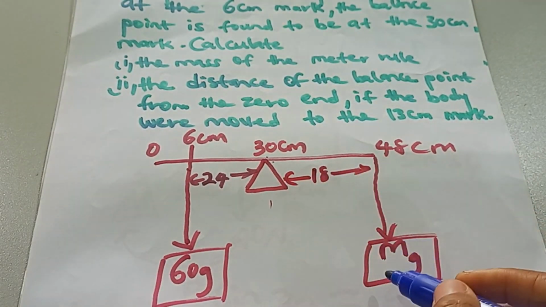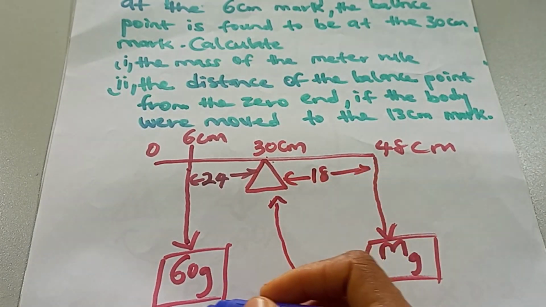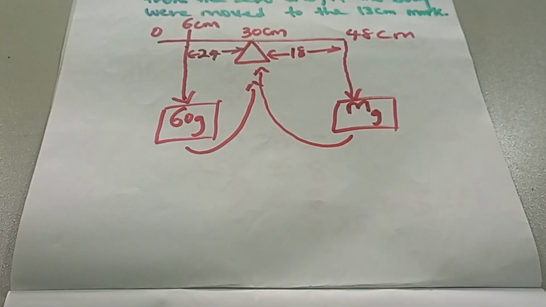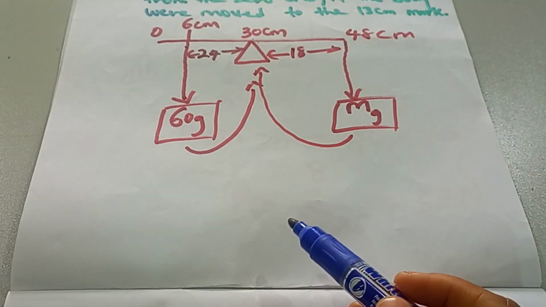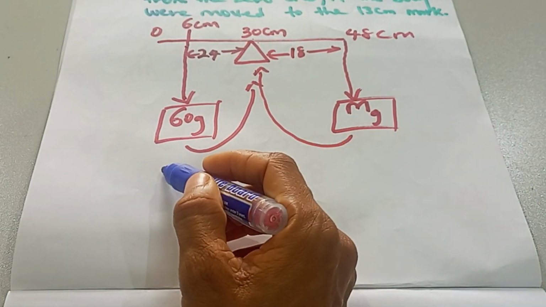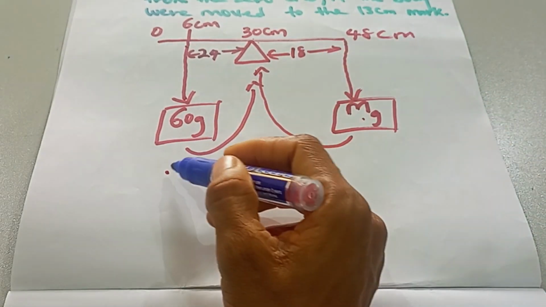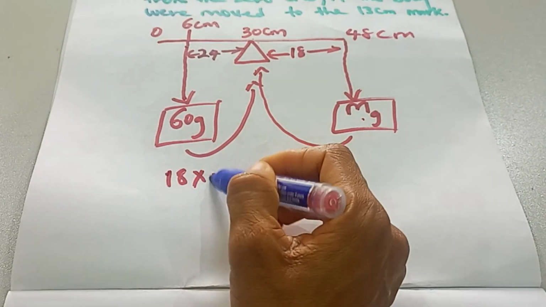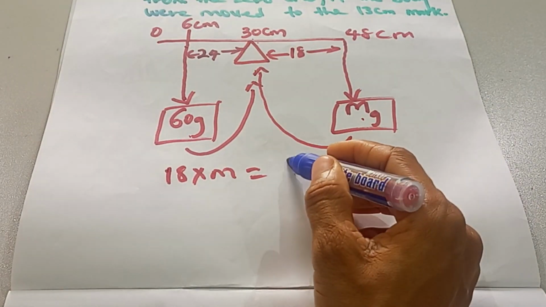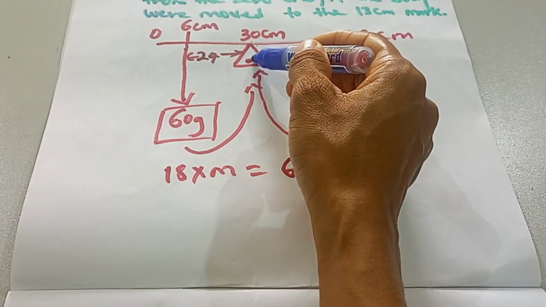So let's take moment about this point: clockwise moment is equal to anti-clockwise moment. Remember, we need mass and distance. So this side we have clockwise moment m times 18 is equal to this side 60 times 24. Just know you need two things. You take moment about this point.